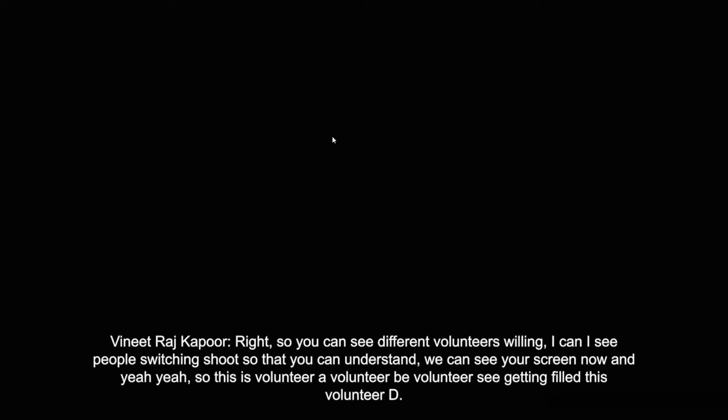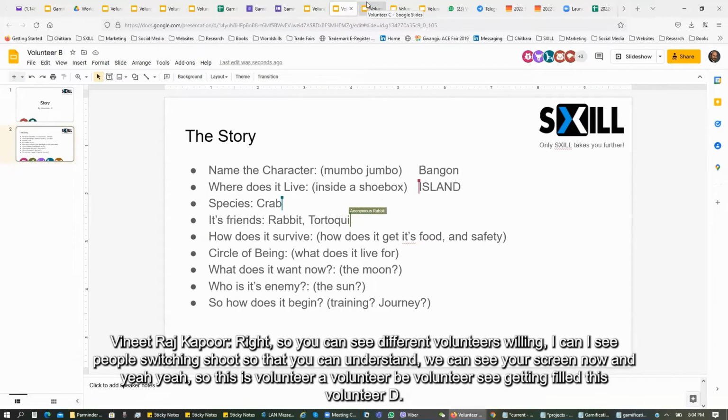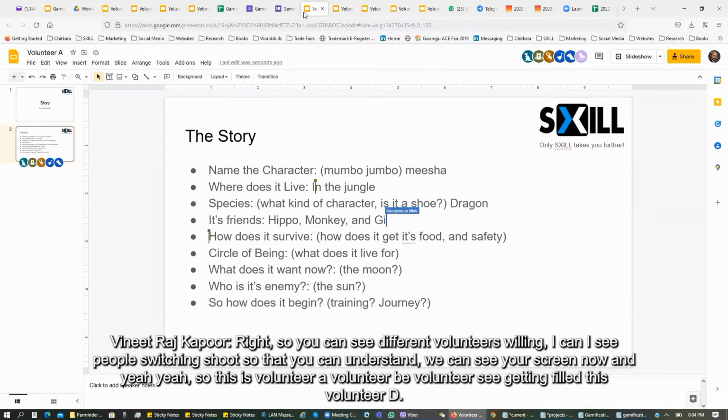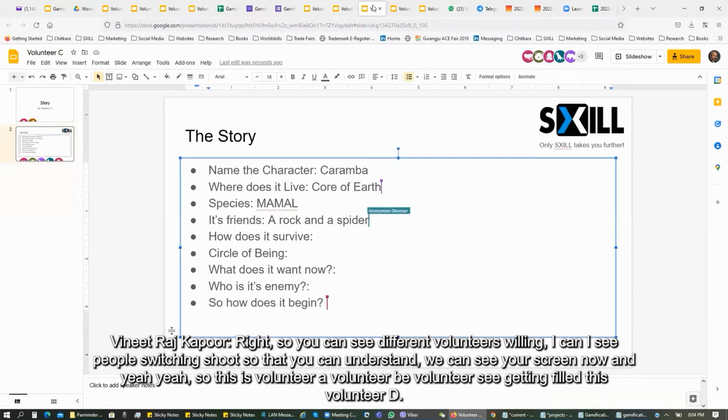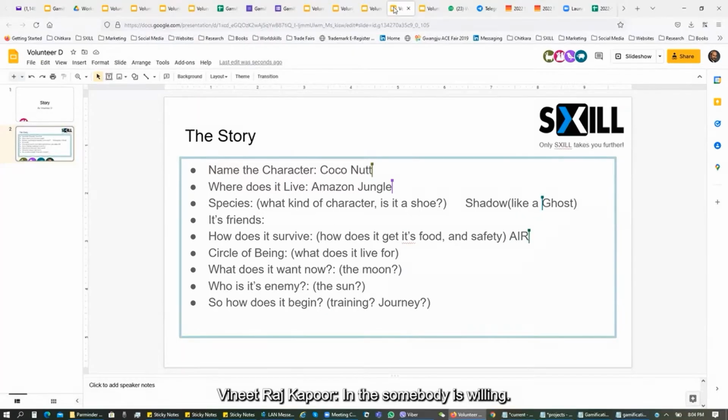Right. So you can see different volunteers filling. I will keep on switching sheets so that you can understand. We can see your screen now. Thank you. Yeah. So this is volunteer A, volunteer B, volunteer C getting filled. This is volunteer D. In D, somebody is filling.